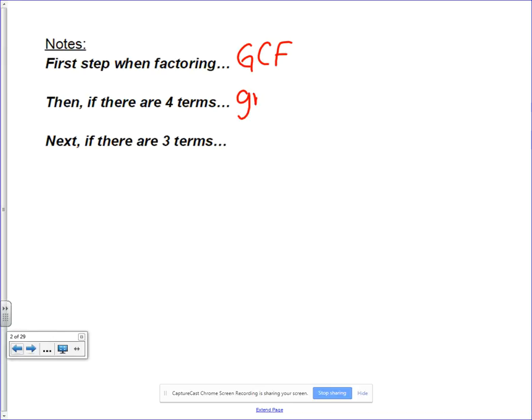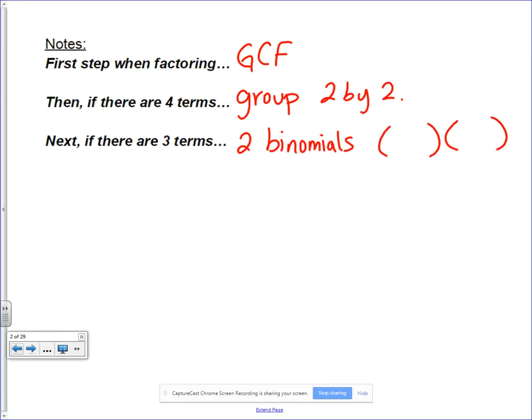Grouping. And how do we group them? Okay. Then if there's 3 terms, what do we make? Okay. And none of that is going to change, folks. It's just going to be a few more steps if we start with something besides a 1.